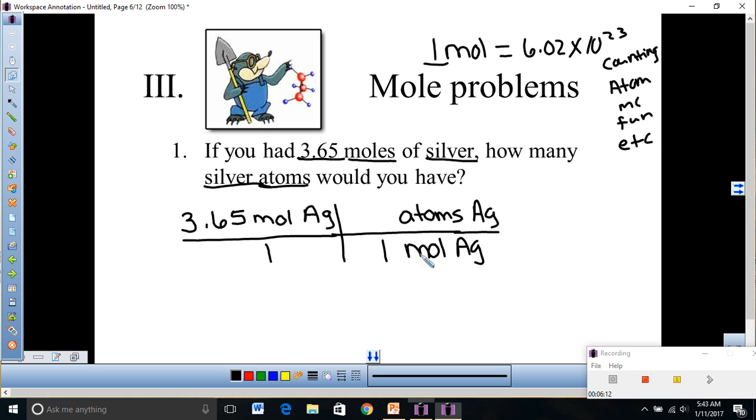So 1 will always be with the word mole. It won't always be on the bottom, but wherever mole is, to the left should be a 1. And what does 1 mole equal? It equals 6.02 times 10 to the 23rd power.